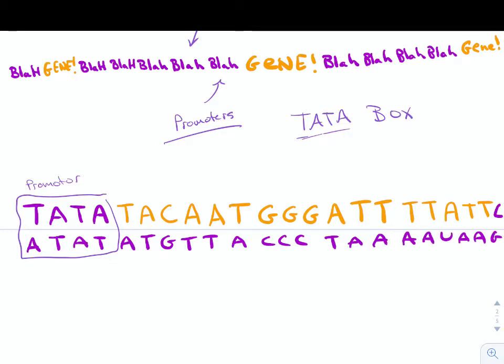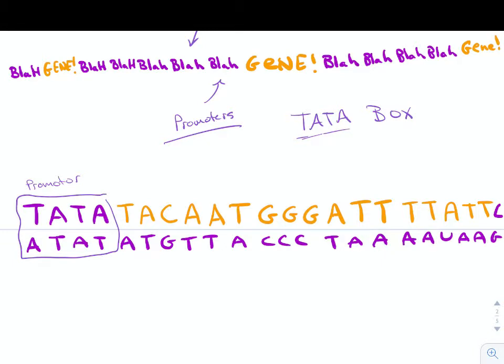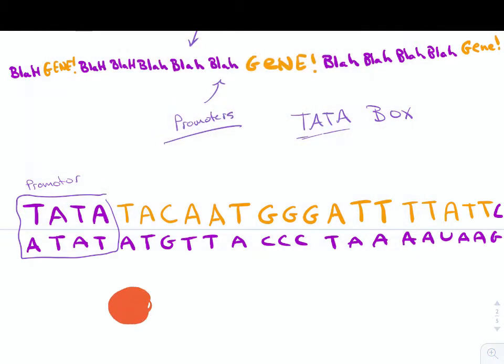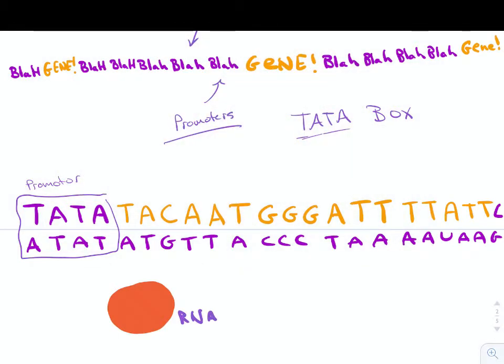And the enzyme that we're going to be dealing with, let's make it orange, let's make this bigger too, is going to be known as RNA polymerase. If you have just watched the video on DNA replication, you'll know that a polymerase enzyme is used to build new polymers.